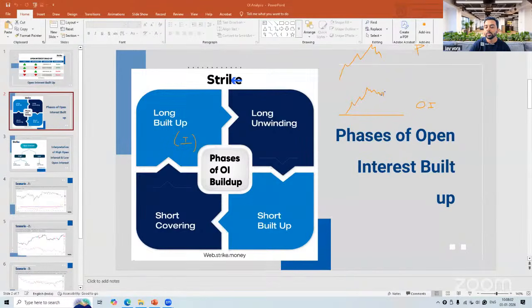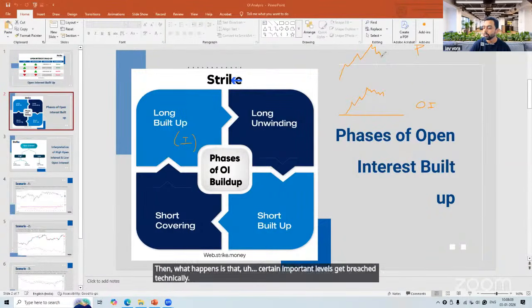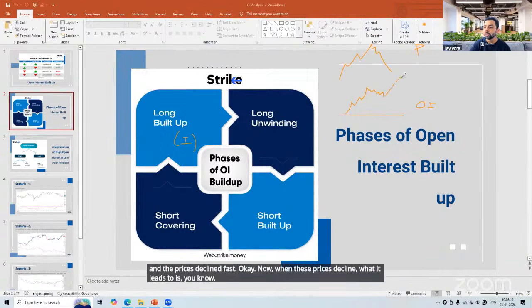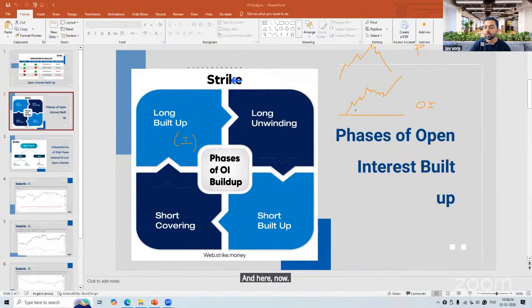Then certain important levels get breached technically, or maybe some news happens, and the prices decline fast. Now when prices decline, it leads to a renewed surge in open interest, and a lot of people are shorting, and in fact the ones who are long over here also tend to cover.